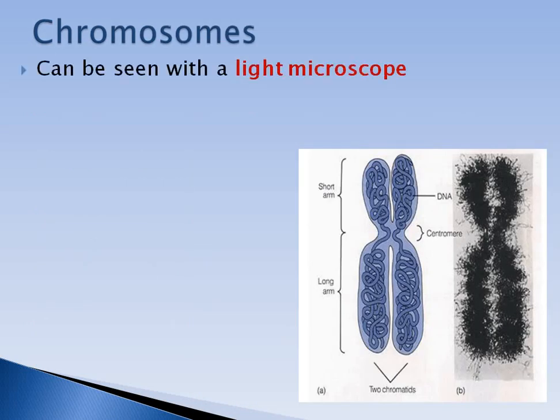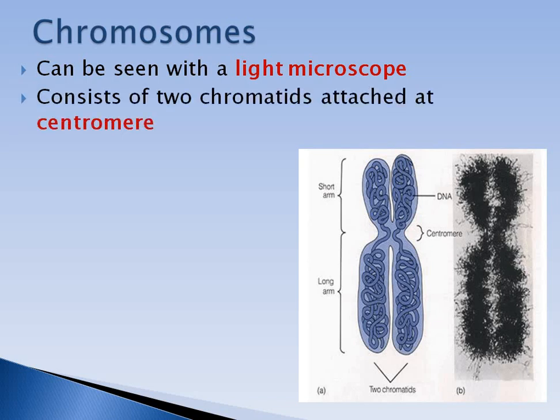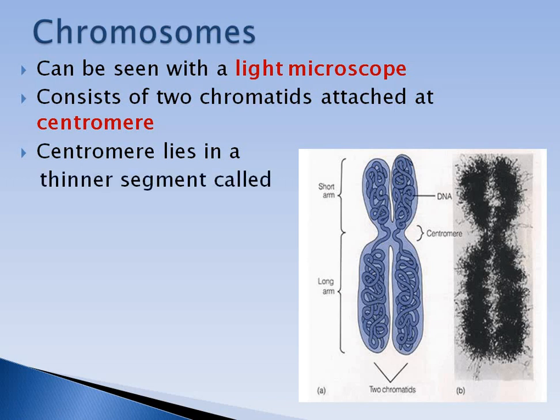Chromosomes are structures which can also be seen with the light microscope, and a single chromosome consists of two parts which are called chromatids. Chromatids are attached to each other at a point which is called the centromere. The centromere is present in a thin segment which is thinner than the rest of the chromatid.